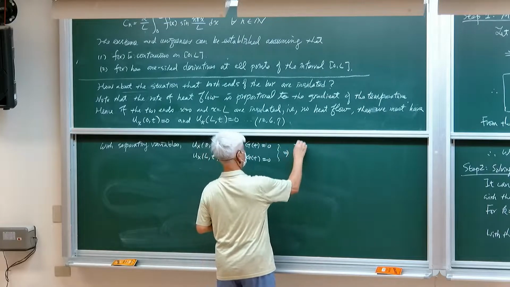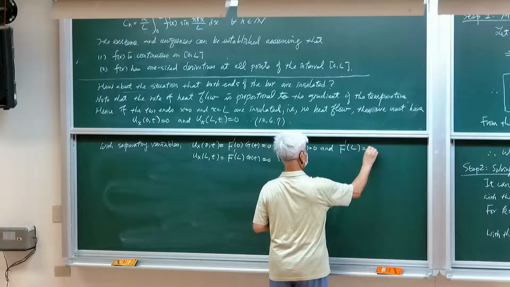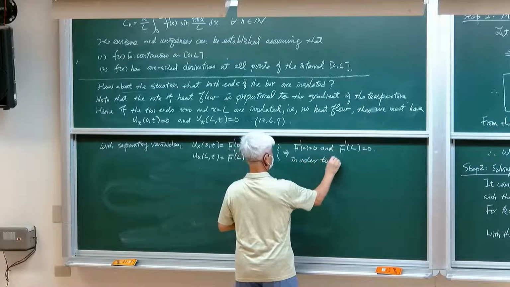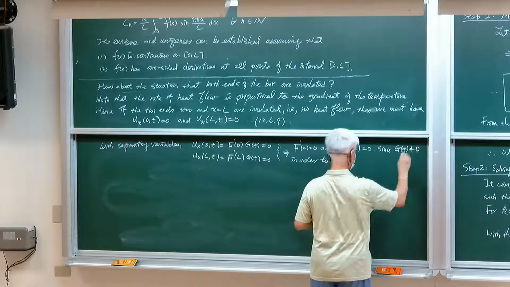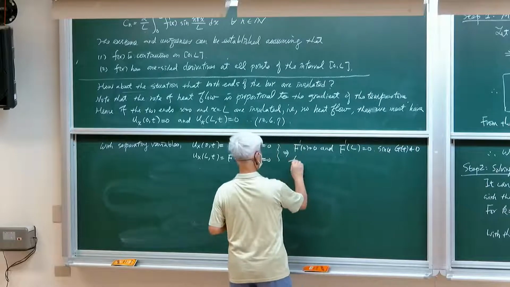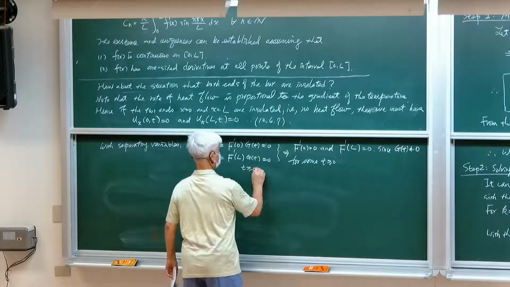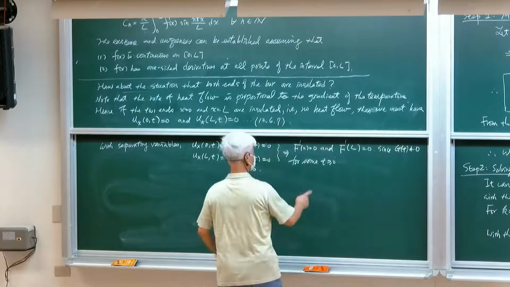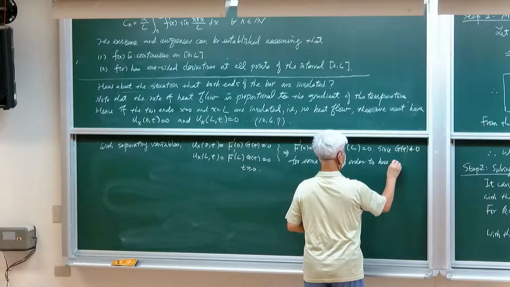This implies that f prime of 0 is 0, and f prime of L is 0, in order to have g(t) not equal to 0 for some t, in order to have a non-trivial solution.